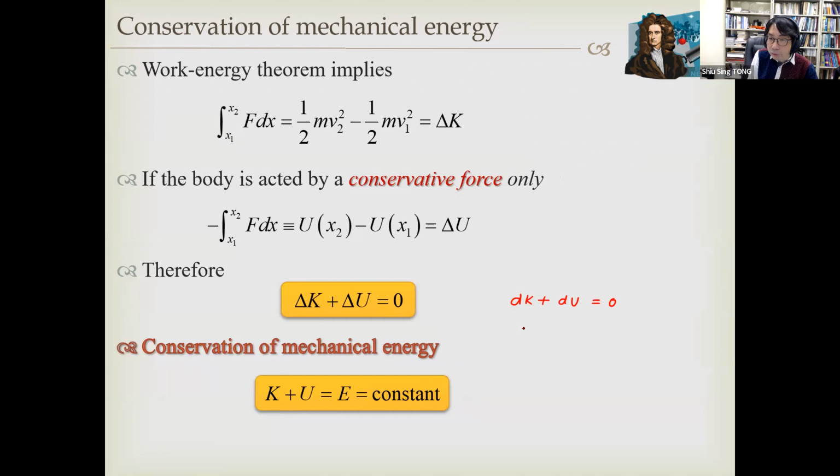From this equation, the differential can be taken out, so d of (K plus U) is 0. The total change in K plus U is equal to 0, so K plus U must be equal to a constant. And that constant is by definition the total energy E. So that is the meaning of this equation.